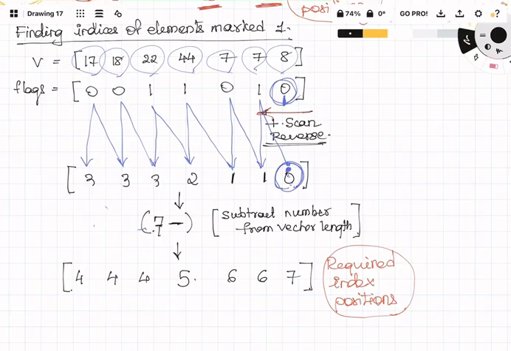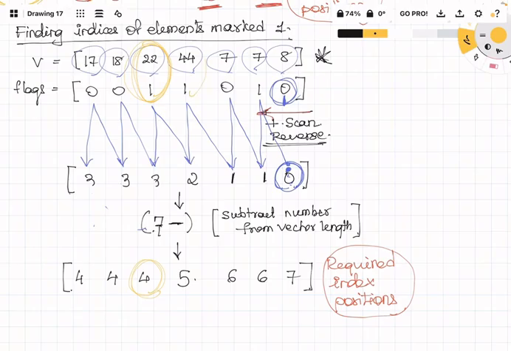And let's look at all the elements in the vector v that were marked with a flag 1. Let's see. 22 was marked with a flag 1. And what index position have we generated? We have generated index position 4.